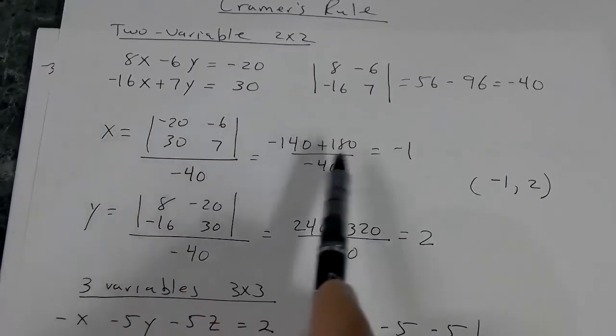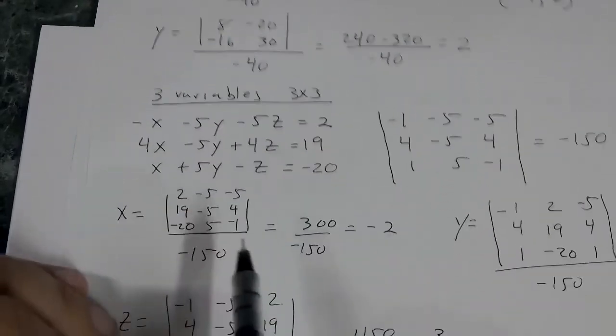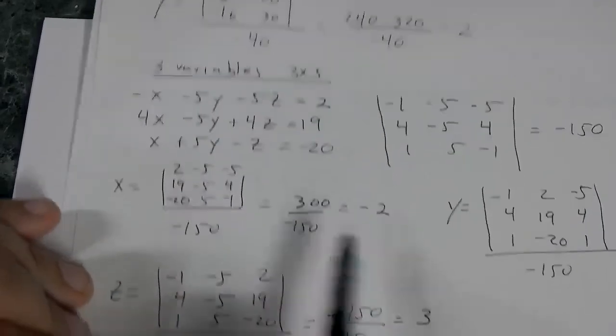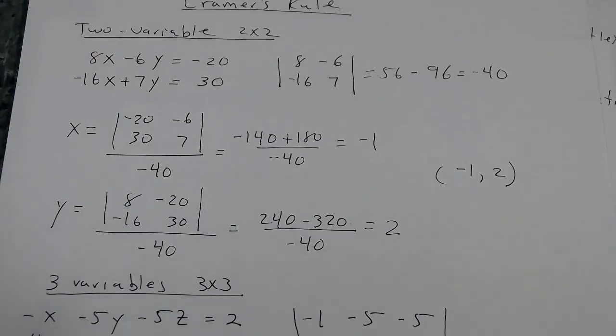You don't have to do this by hand; you can use a calculator to get the determinant like I did over here. But this is what I need to see, so I'll make sure that you know how to use Cramer's rule. And again, this is just the beginning of the process of matrices and why we use matrices.